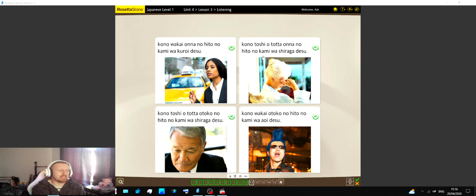Wait a second, does that mean that I've just hit my first dual meaning word in this program? Where I can use kami for paper, but kami is also head upwards and therefore in this instance means hair. I think I might have just come across my first one that I can actually be taught, learn, use, and yeah.